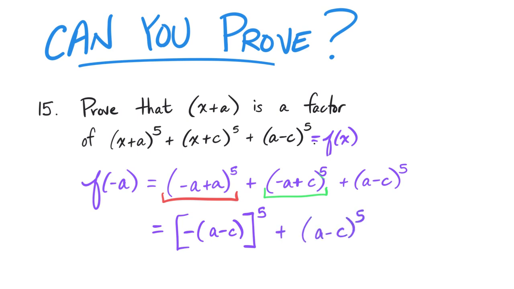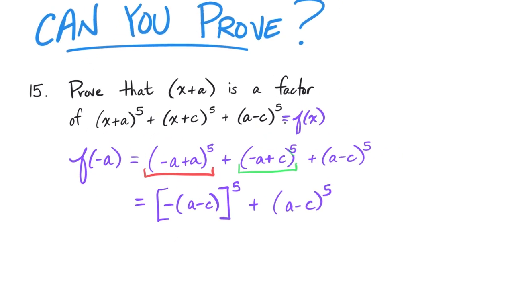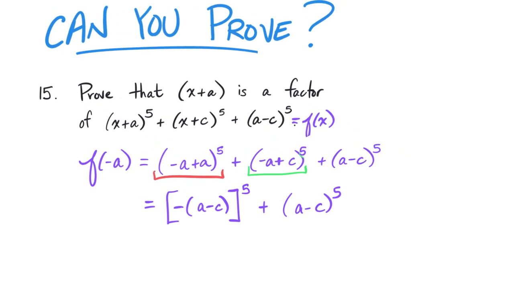Why was that maybe useful? Well, a little side note of what I'm about to do in that first term. Keep in mind that when I have multiplication in my base, and that's all I have here, a negative 1 times an a minus c, that makes my base one term.